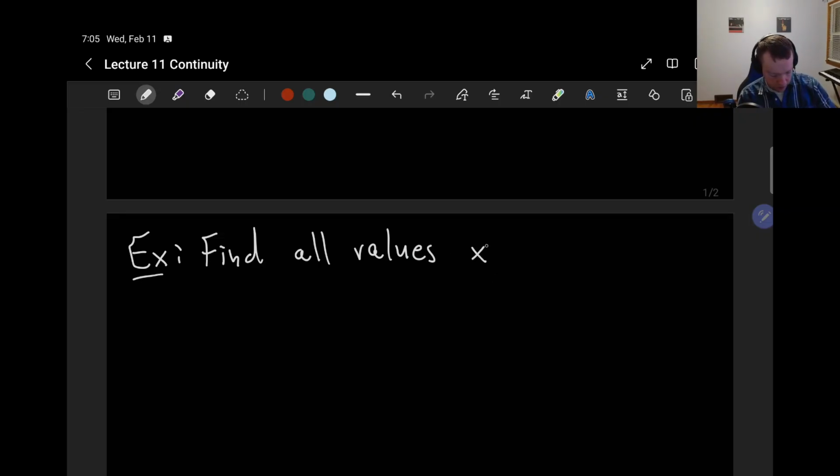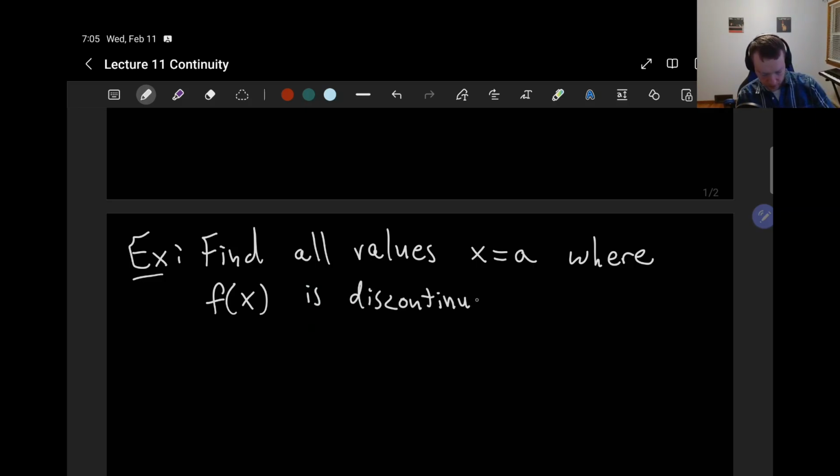Find all values x equals a, so by this, I mean particular x values, where f of x is discontinuous. So where we fail to be continuous. And here's the function.